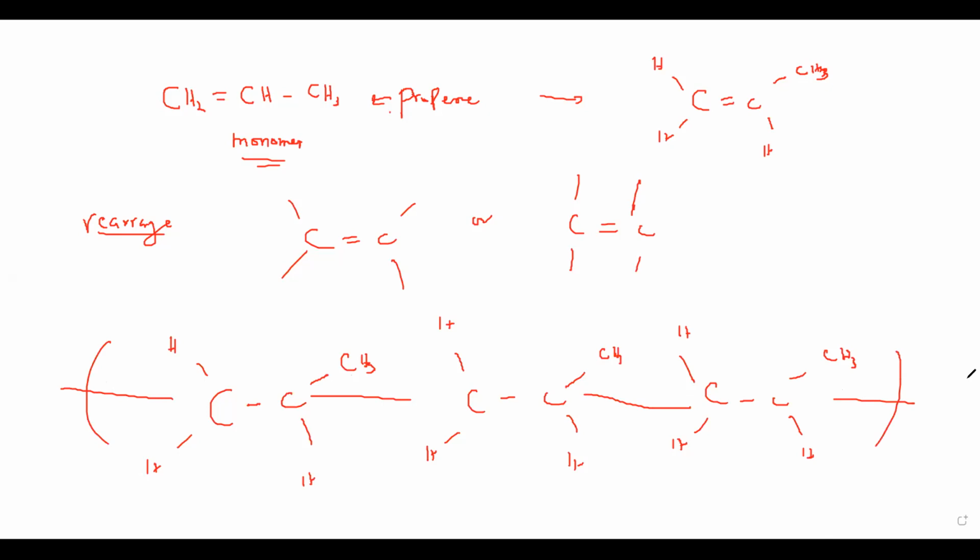If you have n molecules of the monomer, this will continue and form the long chain compound. The monomer is propene, and the polymers are named after the monomer, so that's called polypropene.